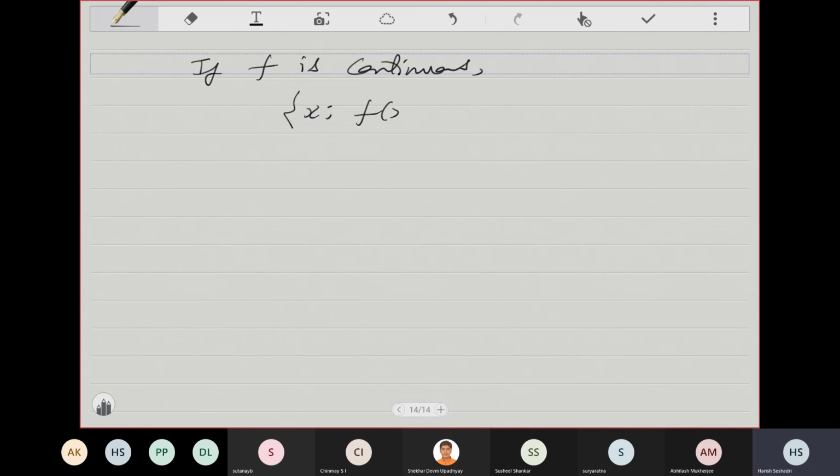Can we say anything about this set? It's open. Yeah, it will be an open subset of Rk.